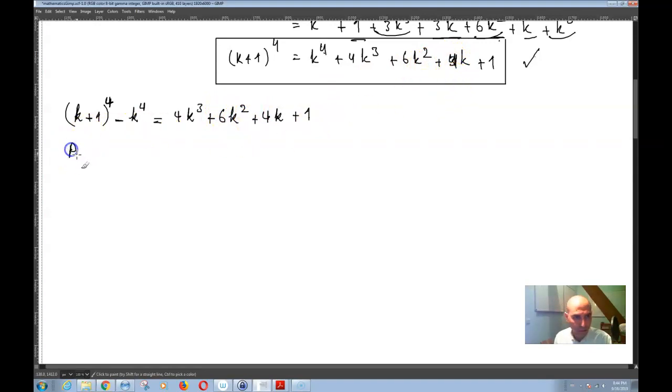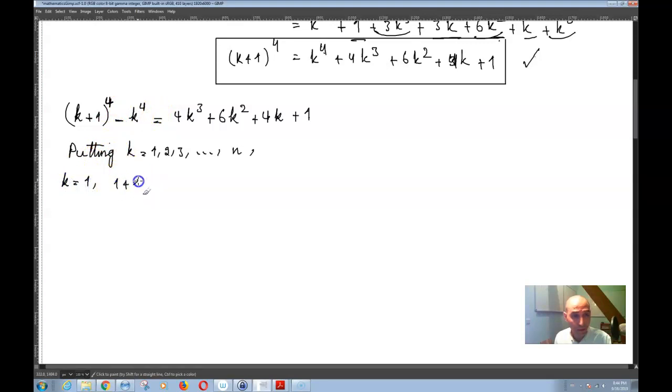Now if I put K equal to 1, 2, 3 and all the way up to n, for example, let's suppose that K is equal to 1.